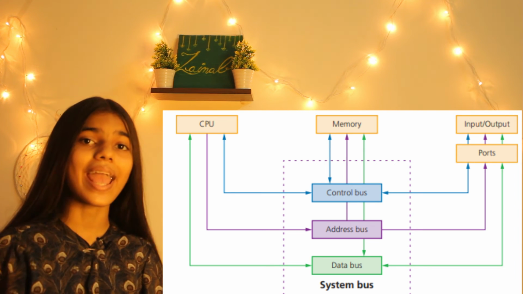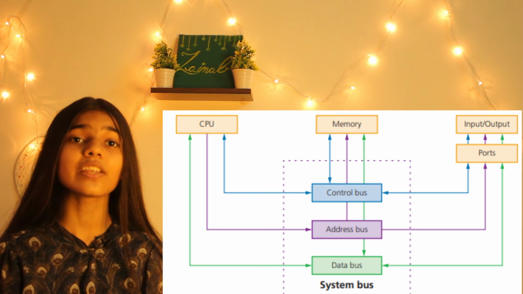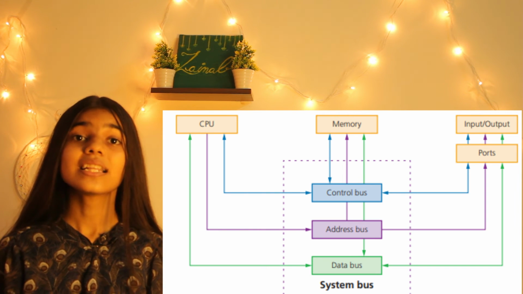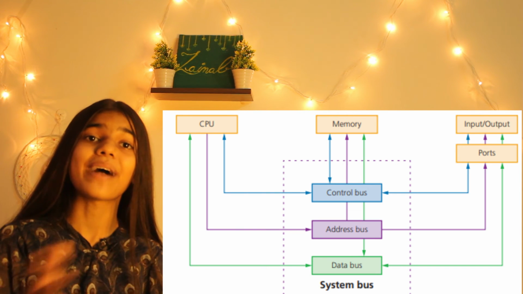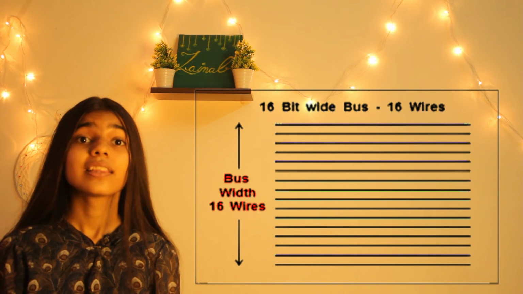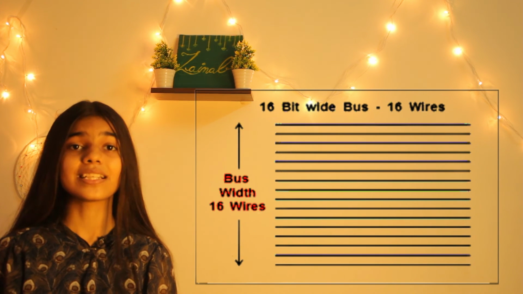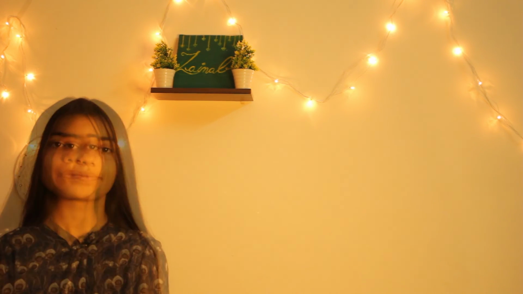Between the CPU and memory, the address bus is unidirectional. That is, bits can travel in one direction only. This prevents addresses being carried back to the CPU, which would be an undesirable feature. The width of a bus is very important. The wider the bus, the more memory locations that can be directly addressed at any given time.